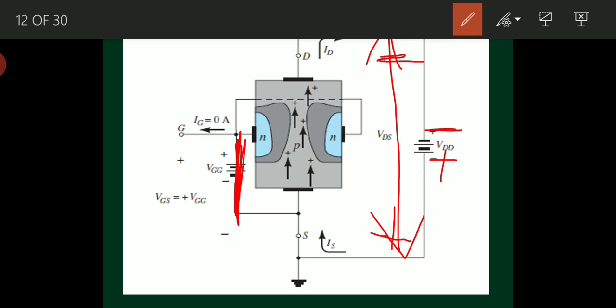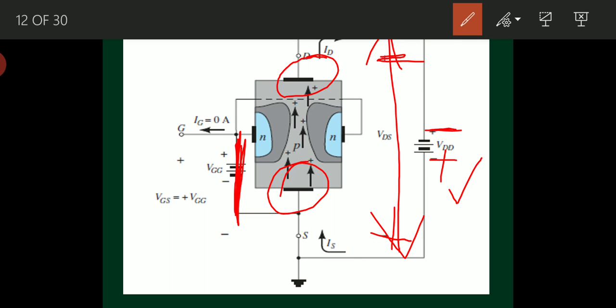Why? Because at the source, the substrate is P-type semiconductor and I am applying a positive voltage. So what will happen? It forward biases the P-type material there at the source. The same material is present at the drain terminal.